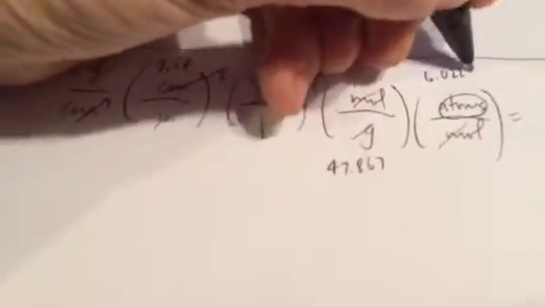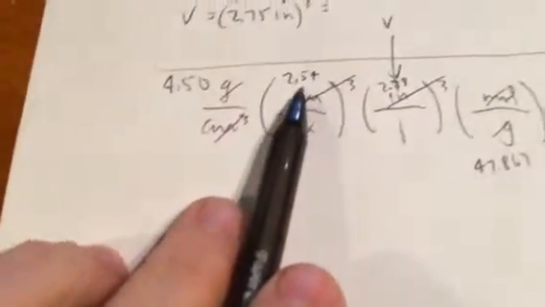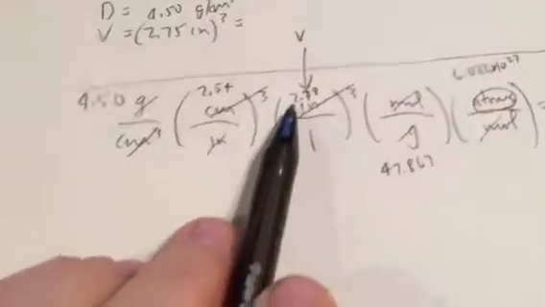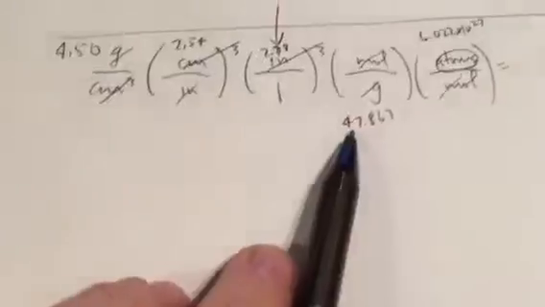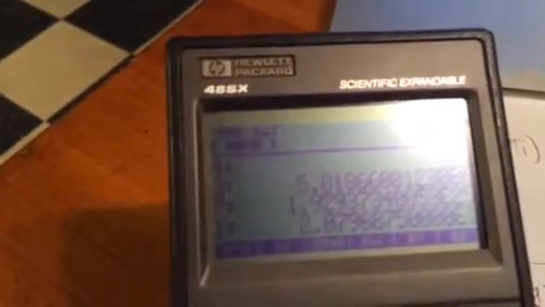So what I haven't put in here yet is the number of atoms per mole. It's 6.022 times 10 to the 23rd. Okay? And so if we multiply 4.5 times 2.54 cubed times 2.78 cubed times Avogadro's number and divide by the atomic weight, we're going to get the number of atoms, which I calculated a minute ago, and it turns out to be 1.93 times 10 to the 25th.